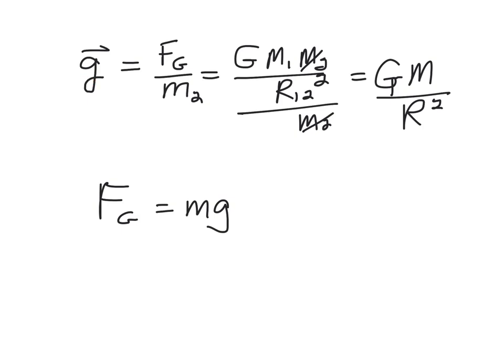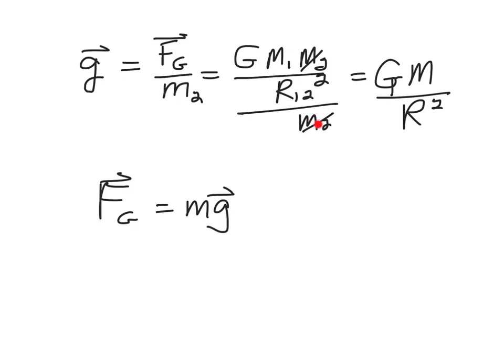And we're going to make it a vector equation because this force is a vector. And so this is our general definition of g. It's the force of gravity per unit mass for any point in space.